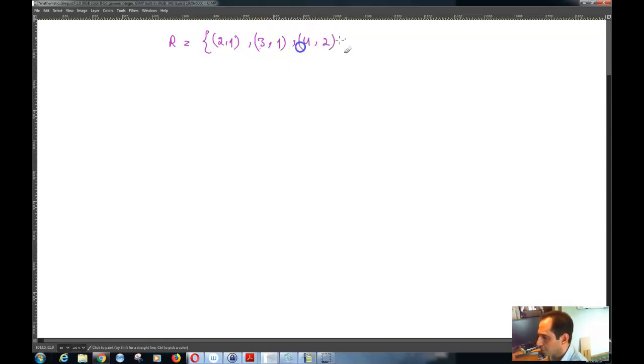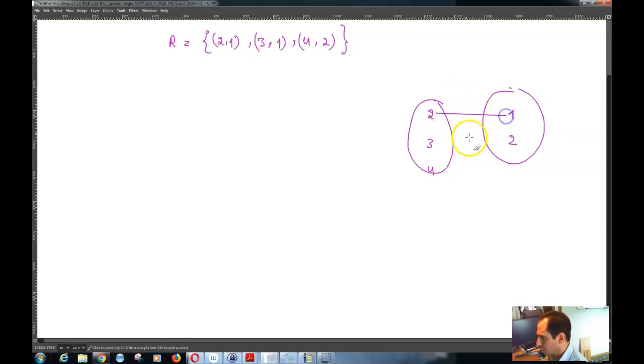This would be some situation like this: 2, 3, 4, and you have 1 and 2 in the other set over here. And you can see that 2 is mapped to 1, 3 is mapped to 1, and 4 is mapped to 2.